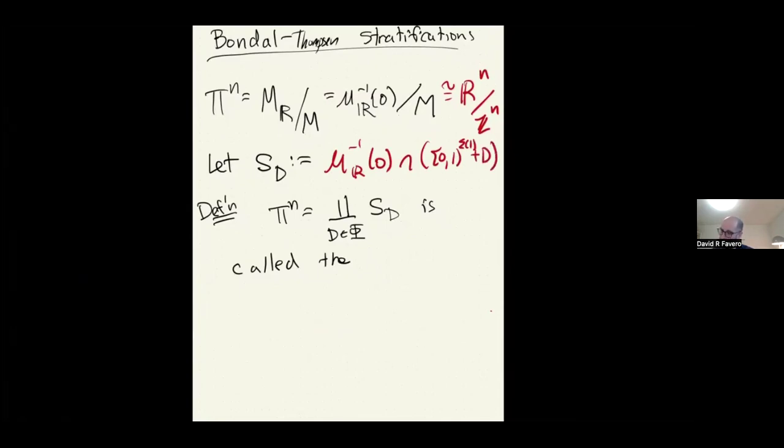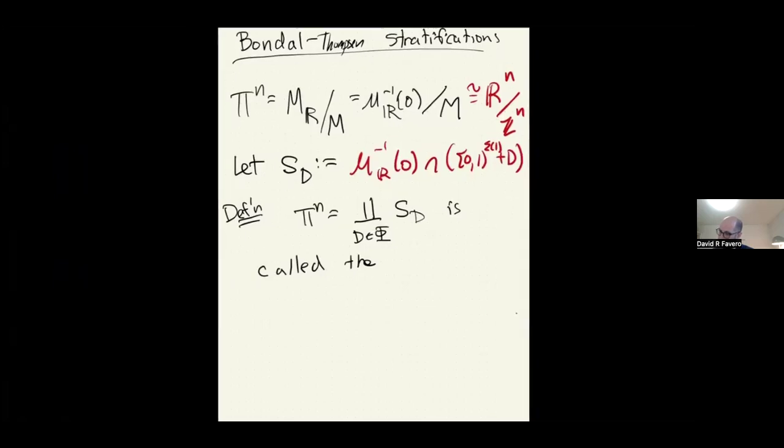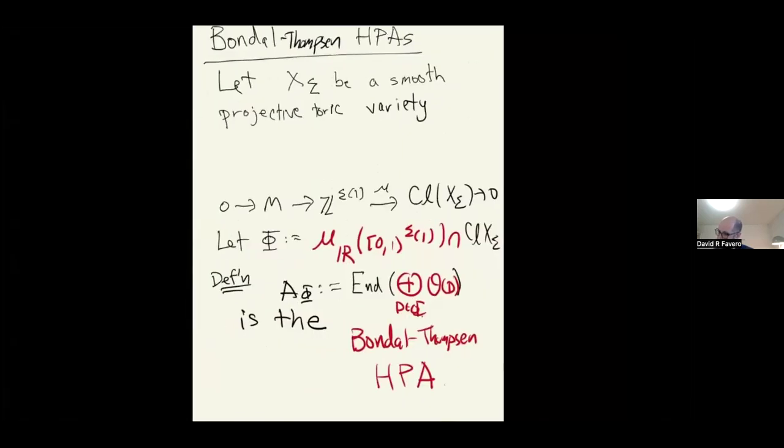So I'm just doing what I did before, which is I took this exact sequence. I stratified R^{σ(1)} with its cube stratification, and then I intersected that with M_R, and I got a stratification of a torus M_R by M. Then rather than stratify it with Z^{σ(1)}, I used this map mu to stratify it with this.